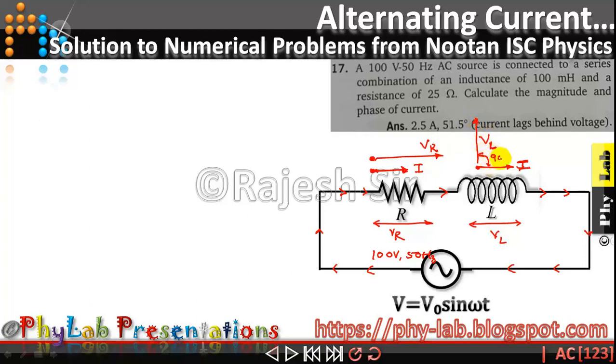That is why the voltage in the inductor, VL, has been drawn along the positive y-axis, as the voltage leads the current by 90 degree in purely inductive circuits, friends. So that is how we draw the phasor.